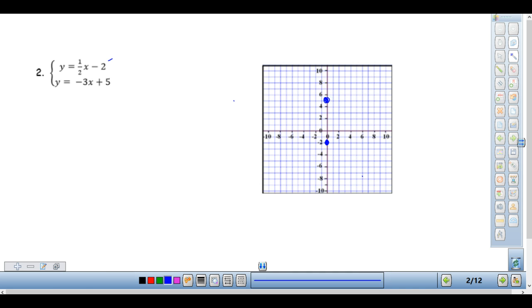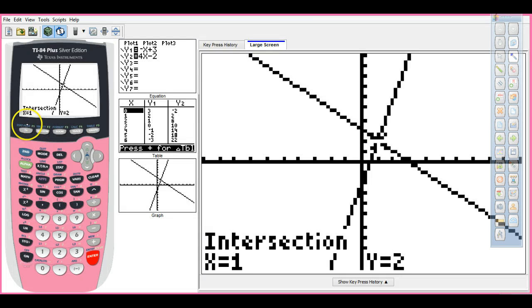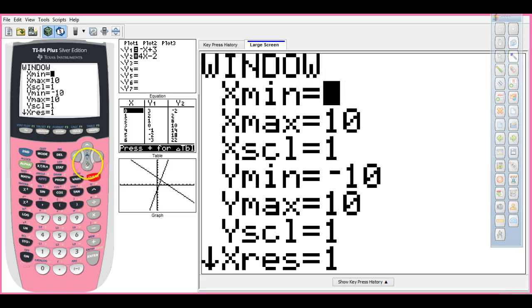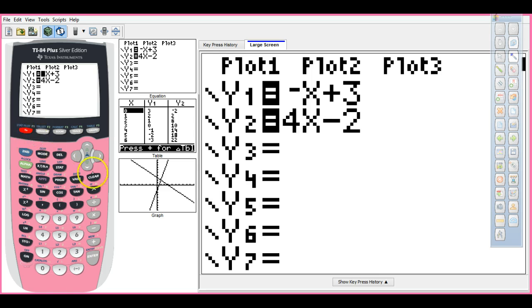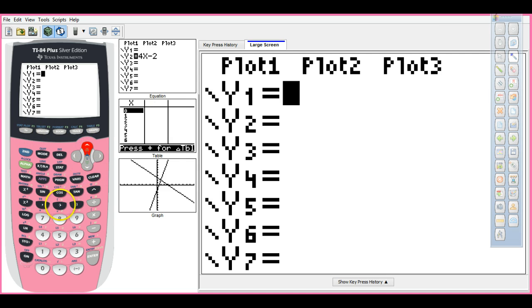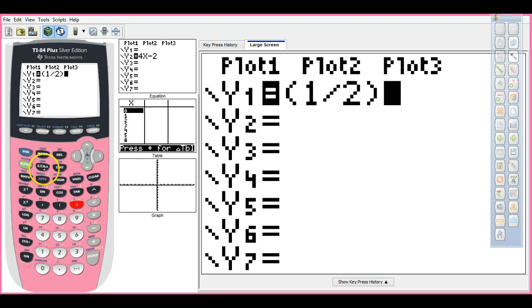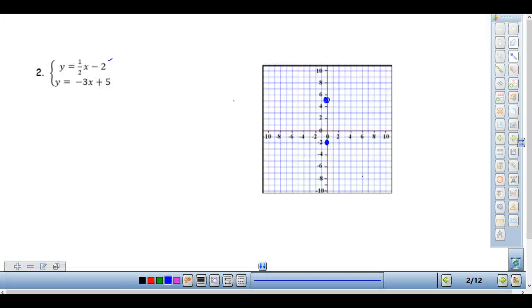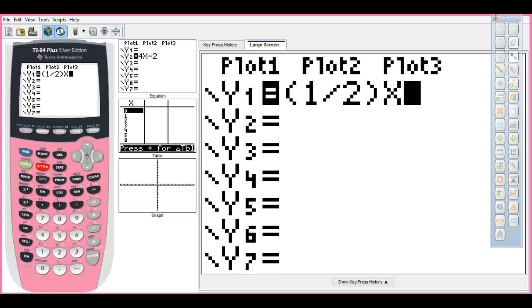Alright, so we go to our calculator and go back to y equals. Top equation is 1/2 x, and we have -2.